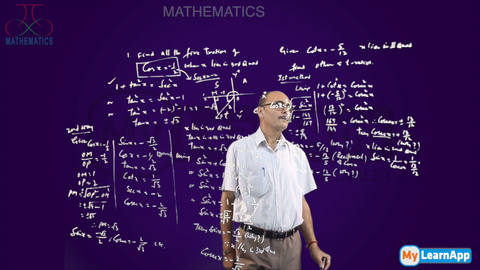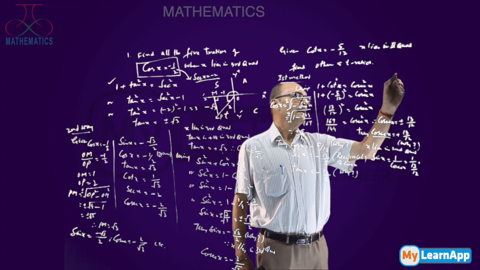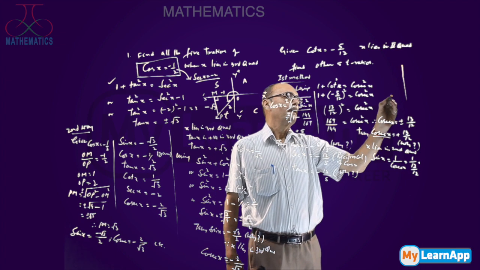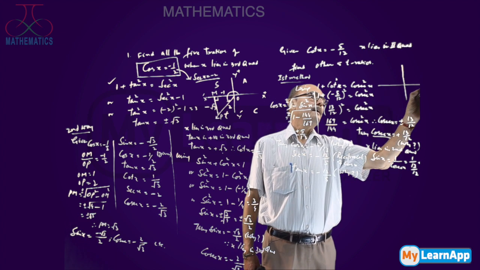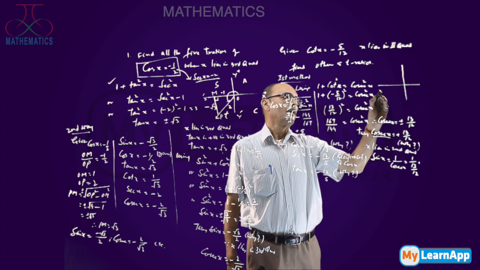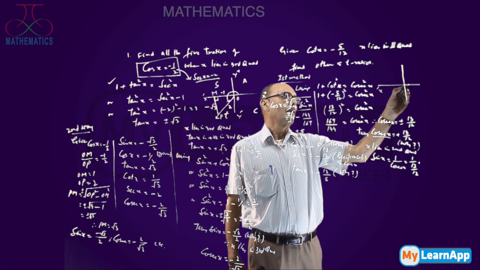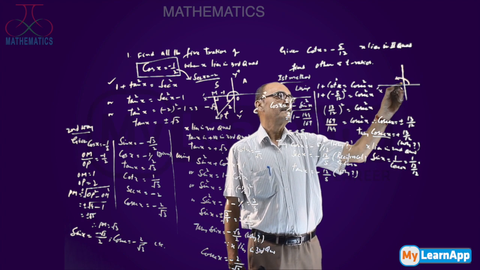Why? It is again the reciprocal of cot x. If you want to make use of the triangle, then this is the y-axis, x-axis, and the angle in the second quadrant is like this.